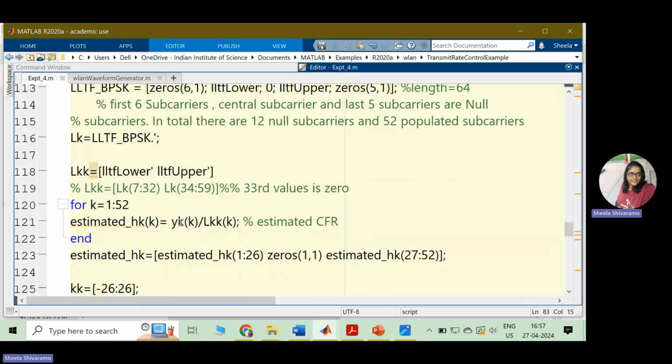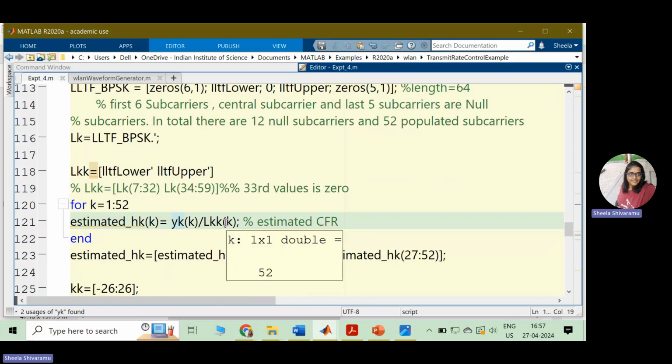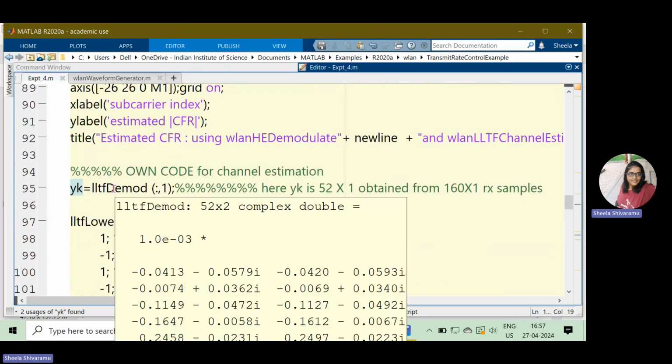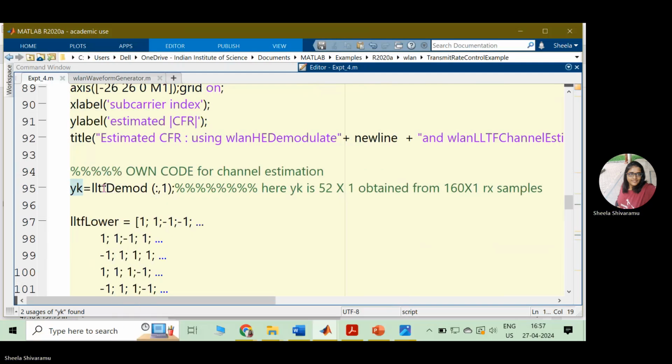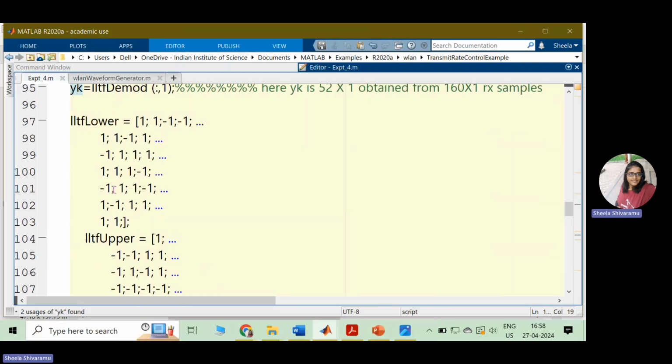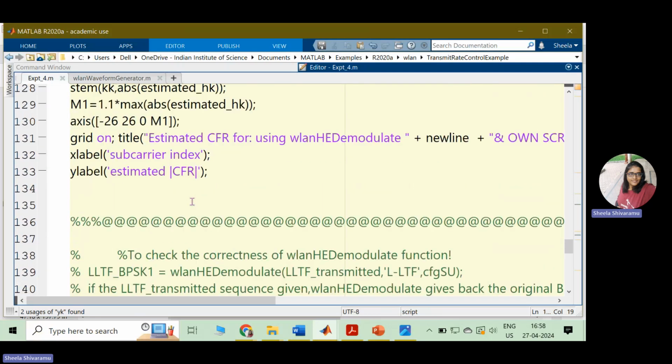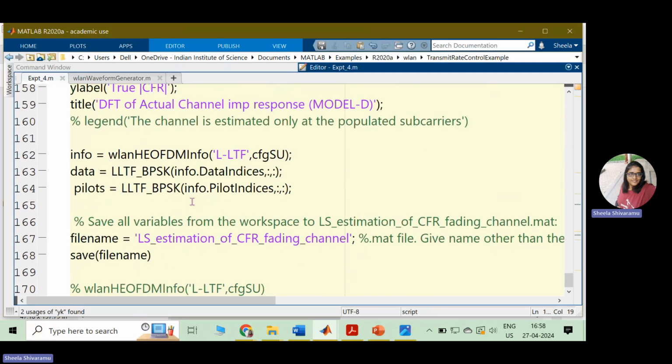Because YK is what I get at the receiver: you have the received waveform, you have done the FFT at the receiver, and then obtained YK. So YK is after performing the FFT of the received waveform. But LK I know, since the standard defines it. So I'm making use of that and simply taking the ratio.